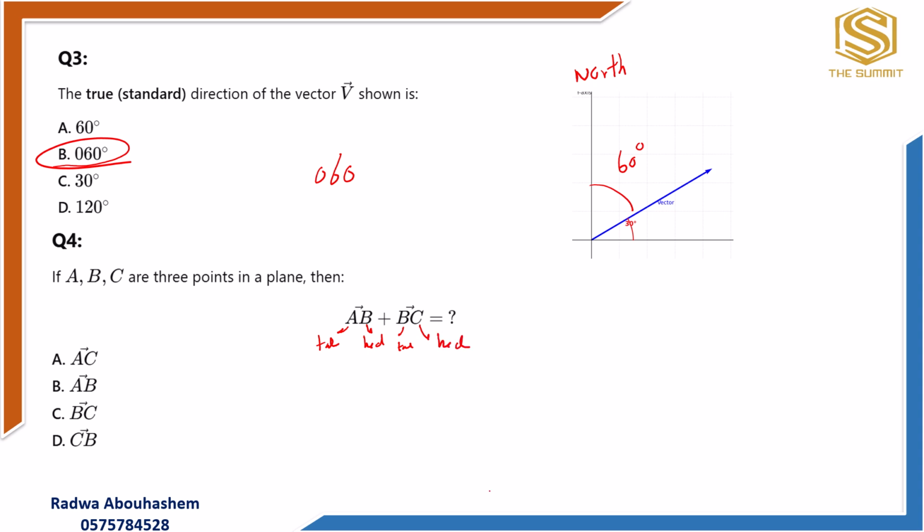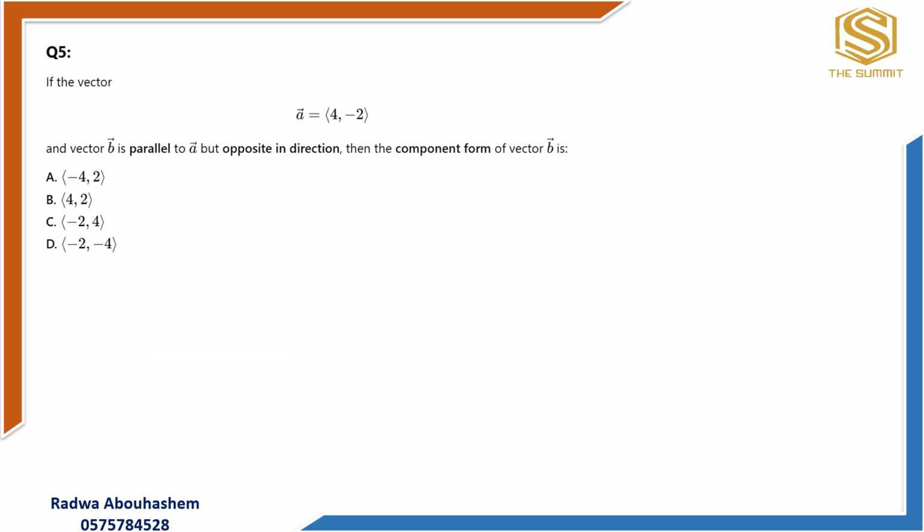So the answer would be from the tail to the head, A to C. If the vector A equals (4, -2) and vector B is parallel to A but opposite in direction, then the component form of vector B is, okay, opposite directions means I have to put the negative sign. So it would be (-4, 2).